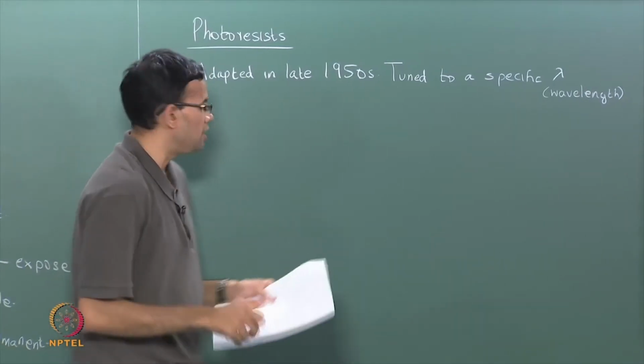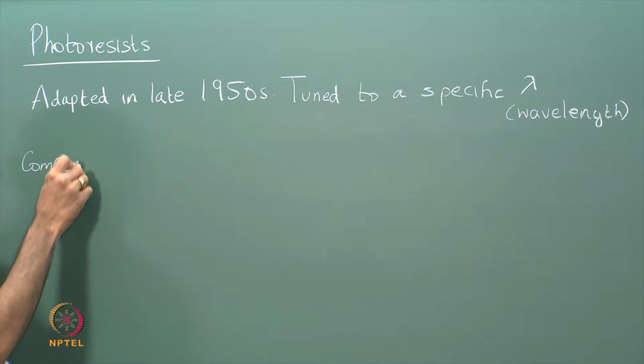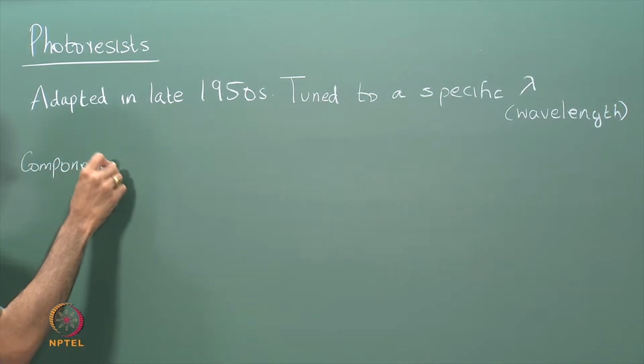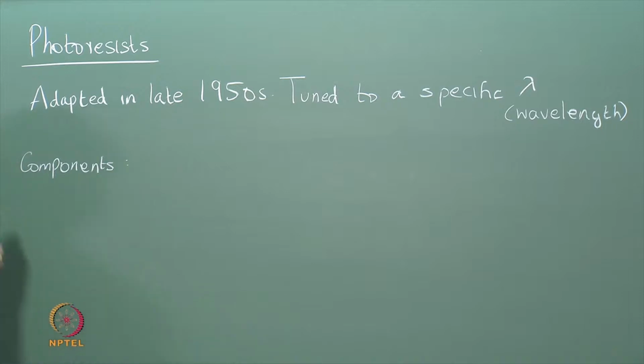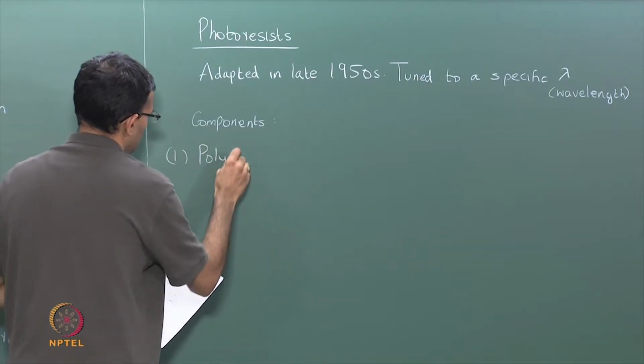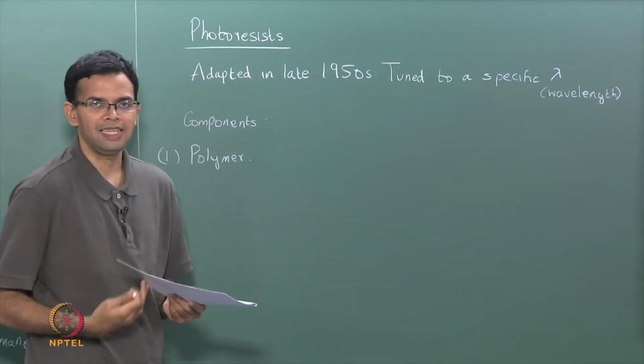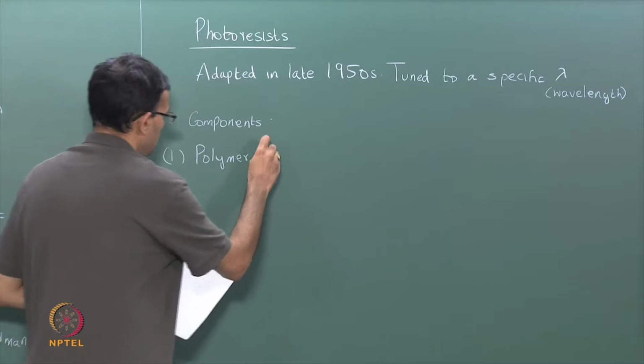So let us look at the various components of a photoresist. So the first component is your light sensitive polymer.